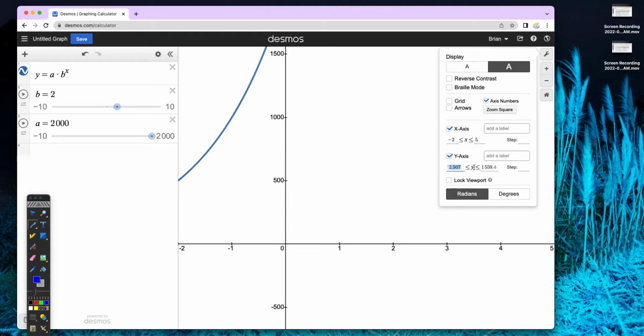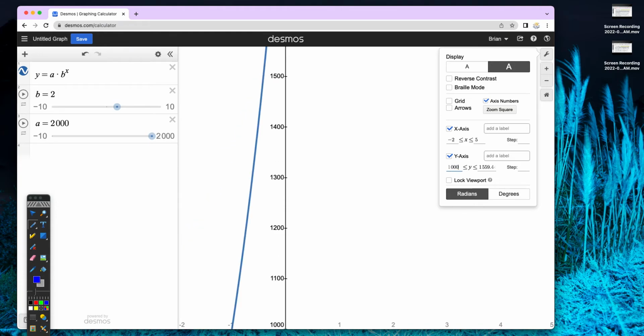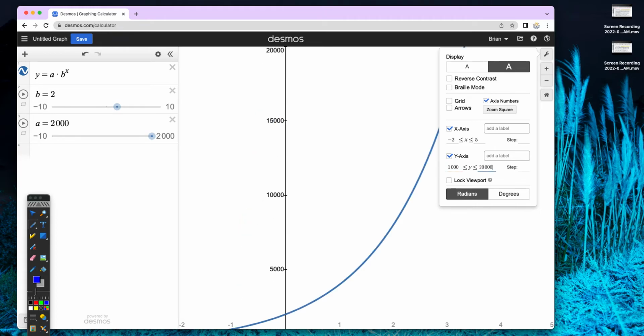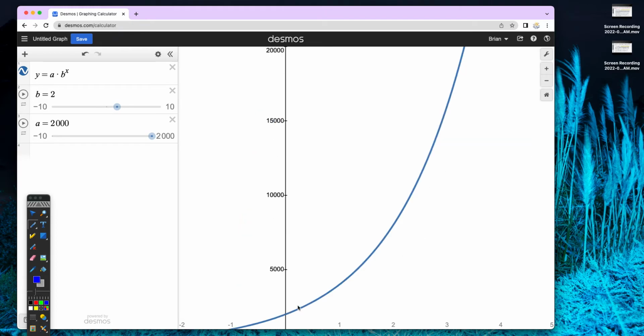And then our y-axis, I'm going to bring it up from 1,000, and we'll get up to 20,000. Okay, then you can see this is the amount of money involved at each round of that scheme. And you can see that in the initial round, or the initial investment, it was $2,000, and then every time it doubled. So if I could get this to land on 1, you would see that the total is going to go to 4,000. Okay, and then 8,000, and so on and so forth.